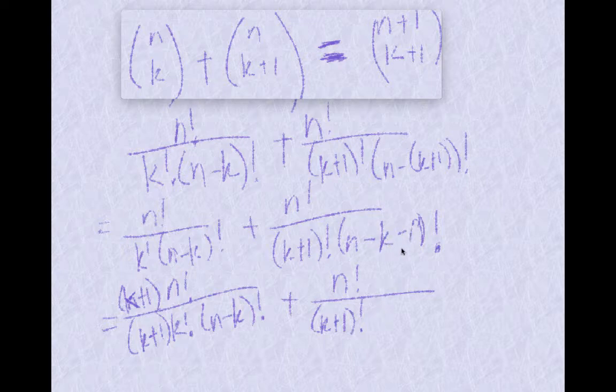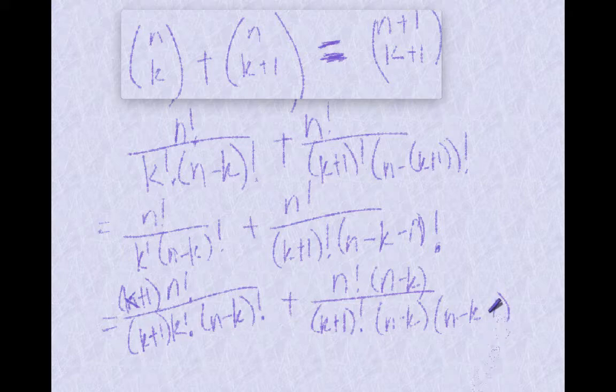This starts one lower than n minus k, just like k is one lower than k plus 1, so I'm going to multiply by n minus k over n minus k. The only reason that I fixed this one over here and this one over here is because this is the one that had more stuff. So this had an extra term, and this one has an extra term on the second part.